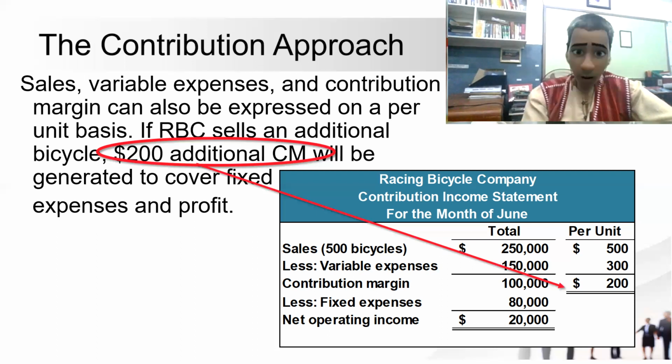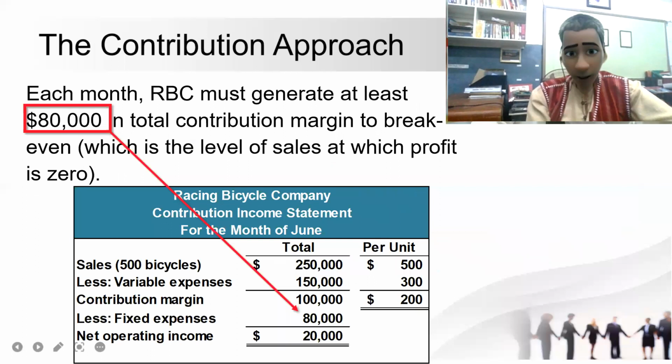So continued, each month the example company, which is a racing bicycle company, must generate at least $80,000 in total contribution margin to break even. Okay, just to break even.